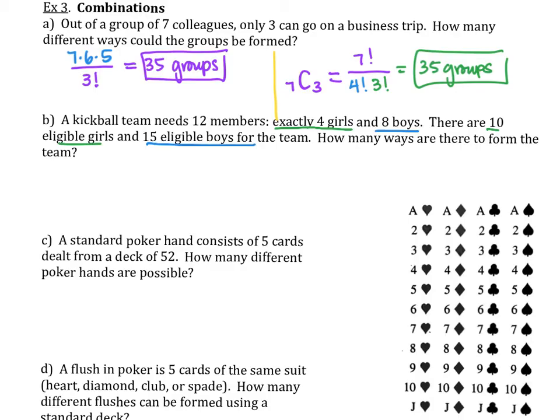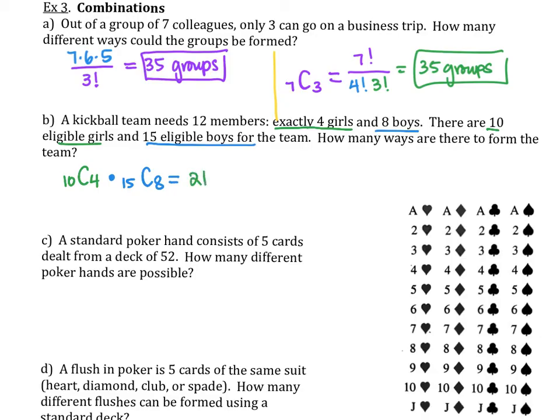Let me start with the girls. I want exactly 4 girls. There are 10 to choose from. So I'm going to do 10 choose 4. And I'm going to multiply it by all the different ways I can choose the boys for the team. For the boys, I want exactly 8 boys and I have 15 to choose from. So I'm going to do 15 choose 8. I'm going to put this in my calculator. Most of you have a 10 choose 4 in class.